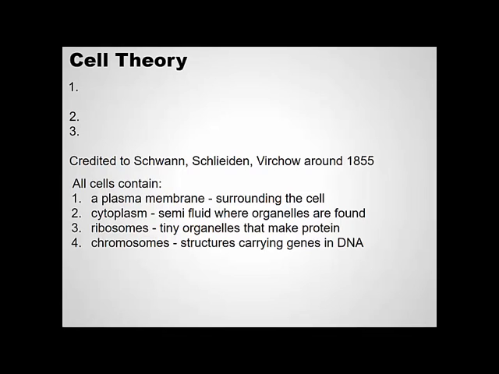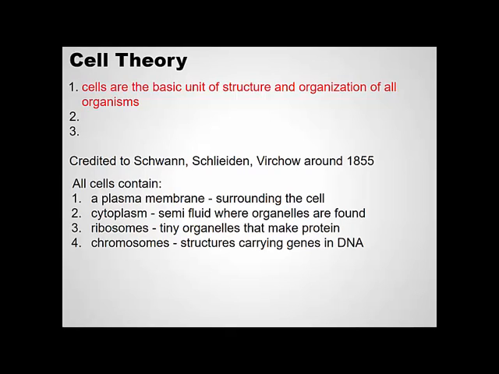And so when we think of cell theory today, we say that it has three parts. The first part is that cells are the basic unit of structure and organization of all organisms. They're sort of the building blocks of life, is one way you can say it.